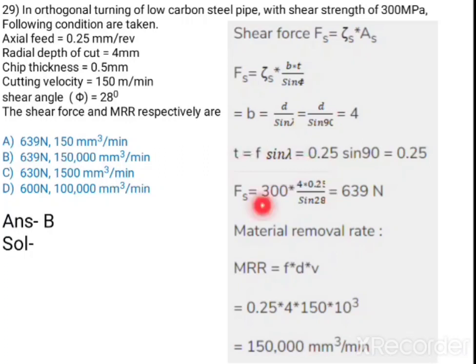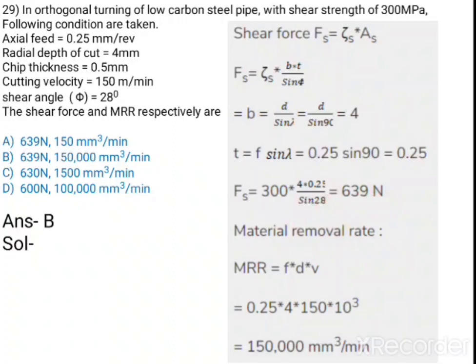And phi, what is the angle of phi? 28 degree shear angle is given. From that Fs you will get 639, and I think A and B match, so we have to find out what is correct for that.